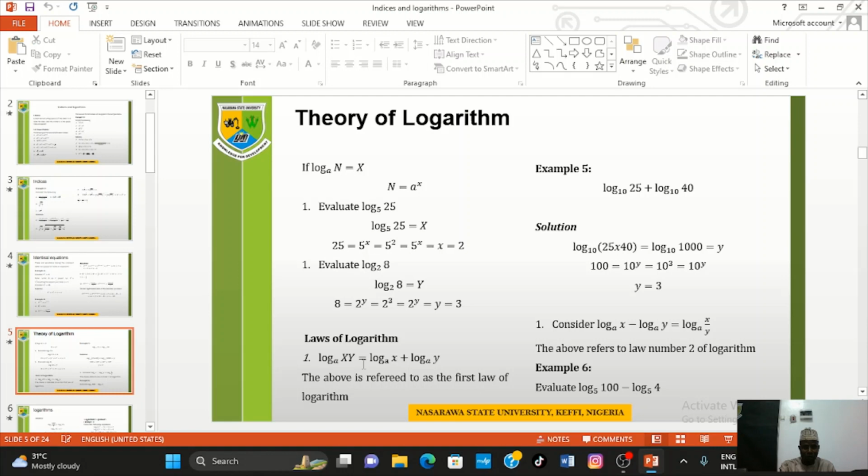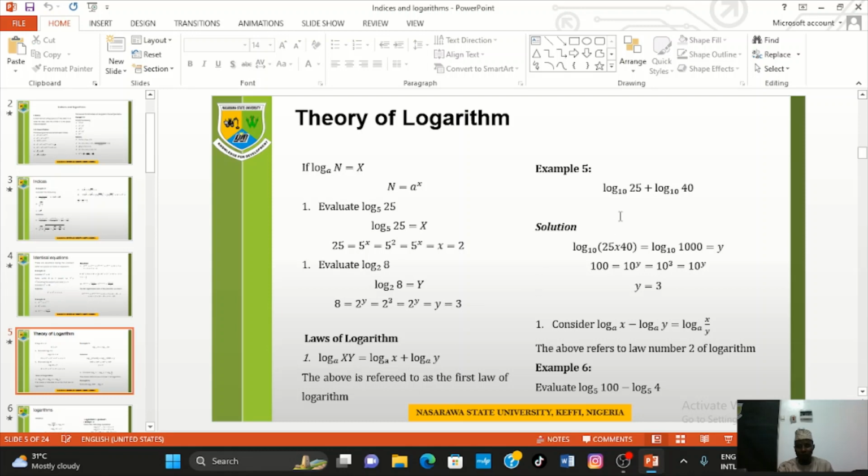It means when you are multiplying, the logs of the numbers to a certain base are added, with the separate variables assigned. The above is referred to as the first law of logarithm.